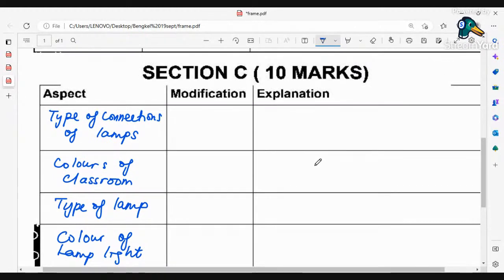Okay, connection of lamp. Just now it was series or parallel.